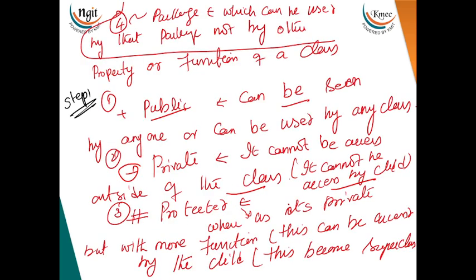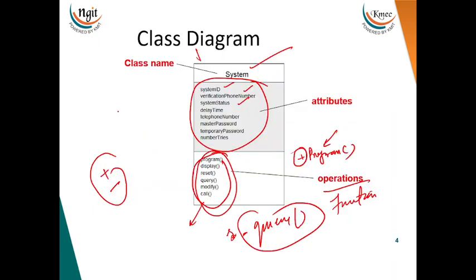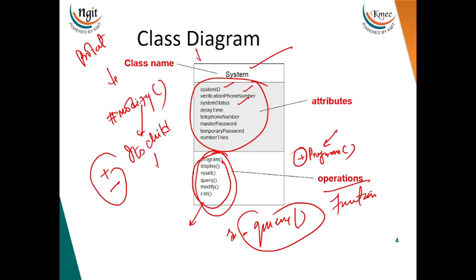Then we have hashtag, which is protected. It's private, but more functional. It can be used by child classes also. What do you mean by that? If I have this one marked protected, it can be used by its child or subclasses.